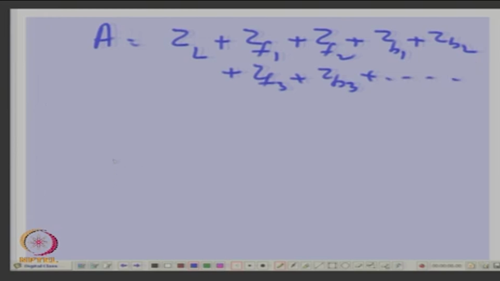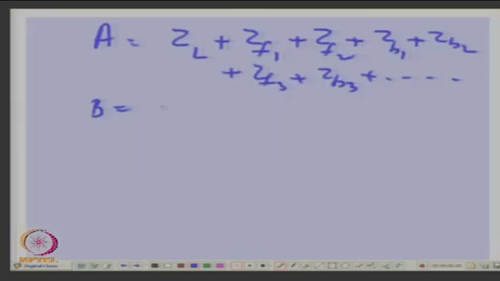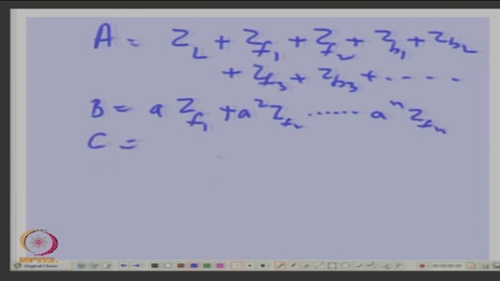this is what it is, and B will be AZF1, AN, no, right, AZF1 plus A square ZF2 up to AN ZFN, right, and C is, what is C?